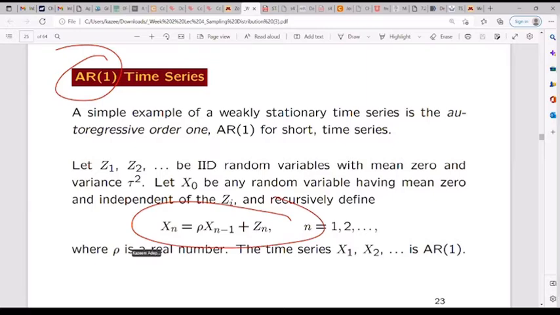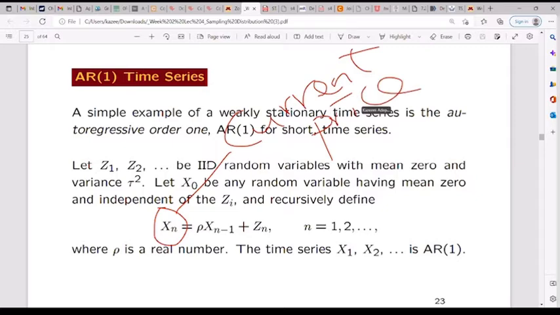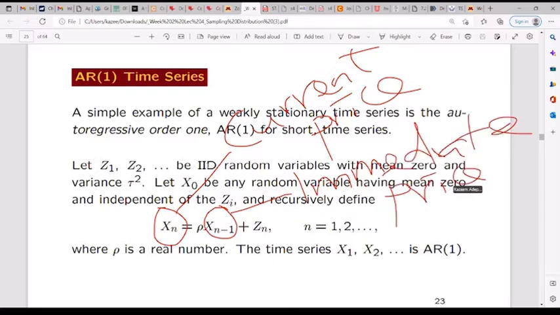If you take a look at this guy here, if I'm talking about the price of stock, this is like the current price, and this guy here is the immediate past price. When I say current price, depending on the units of time, if I'm talking about days and the current price is the price of stock today, then X subscript n minus 1 is the price for yesterday.